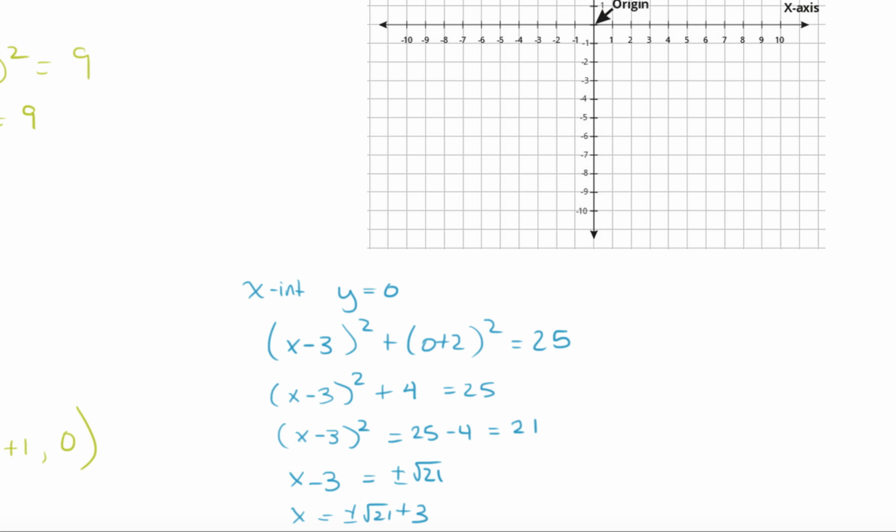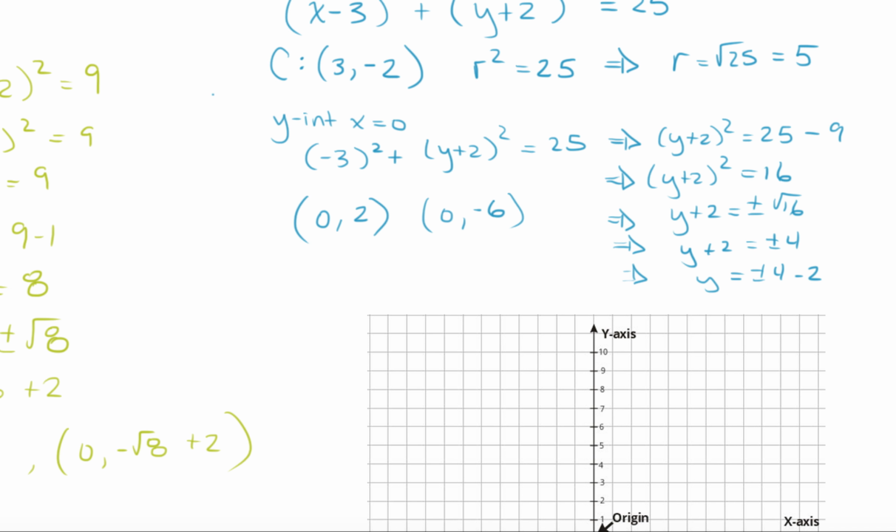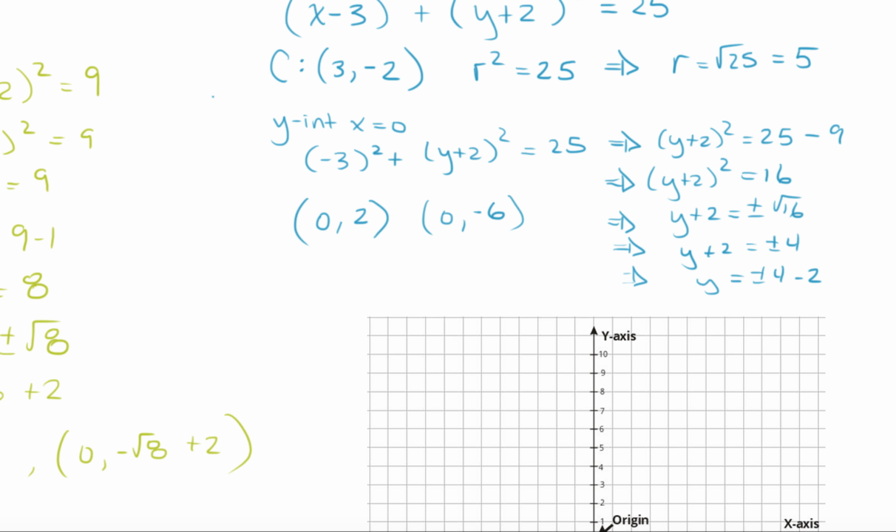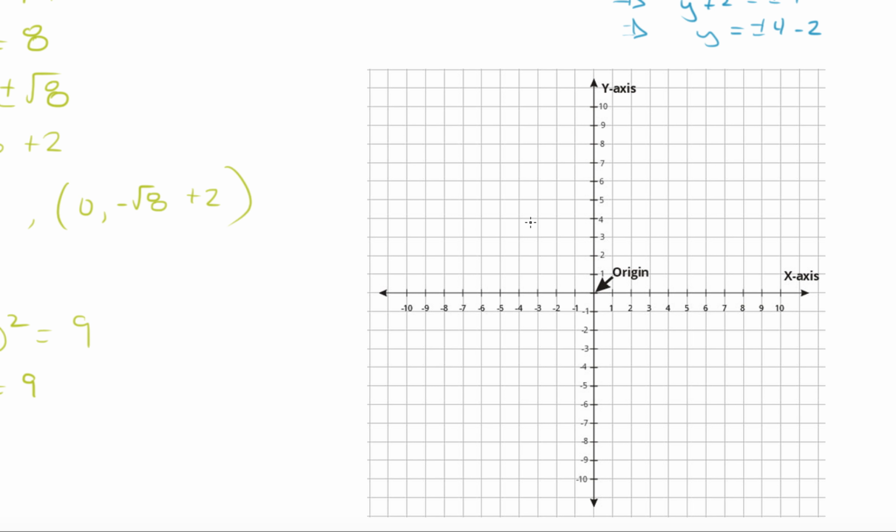For this one, I am going to graph this circle. So the center is 3, negative 2. 3, negative 2 is right here. The radius is 5, so 1, 2, 3, 4, 5, in each direction.